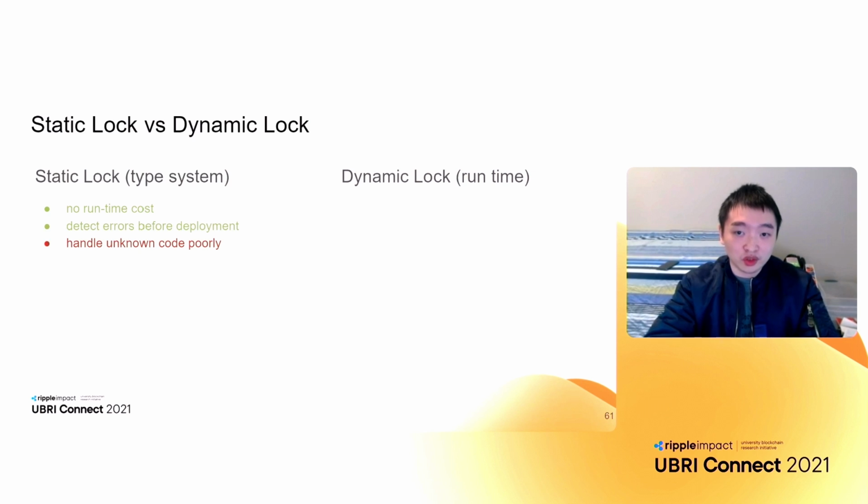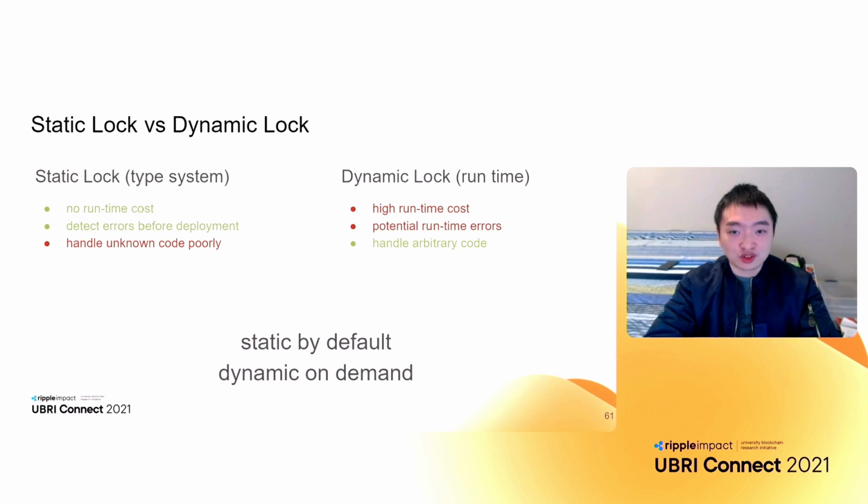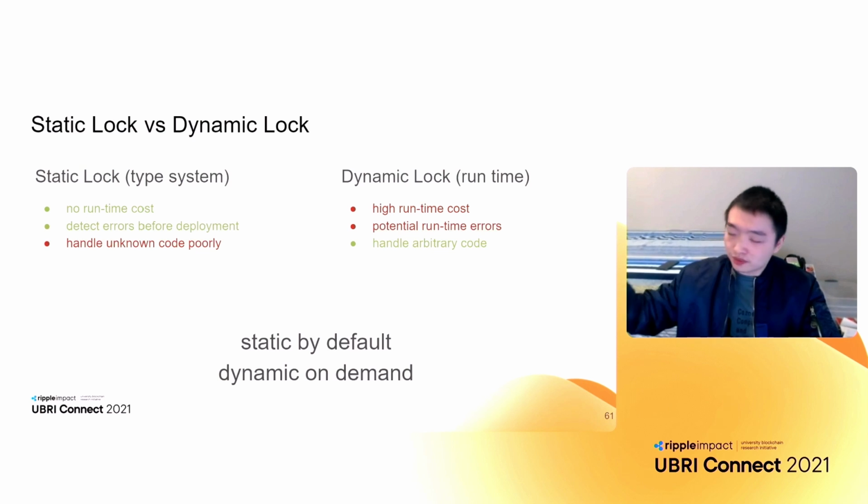On the other hand, using a dynamic lock, we need to pay a high runtime cost, and it might result in potential runtime errors. But dynamic locks do support unknown code. So there is a trade-off here. We do need good performance, but we also need to be flexible. As a result, our strategy is to lock statically by default and lock dynamically on demand.